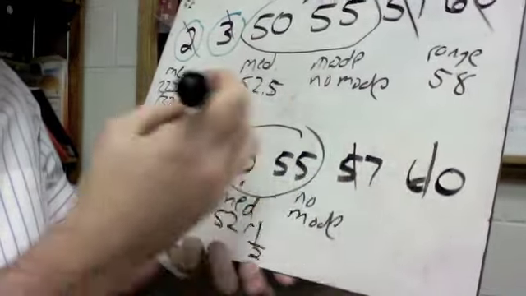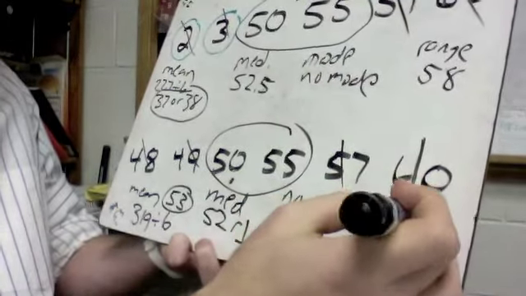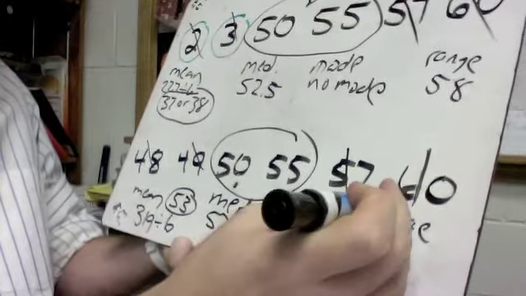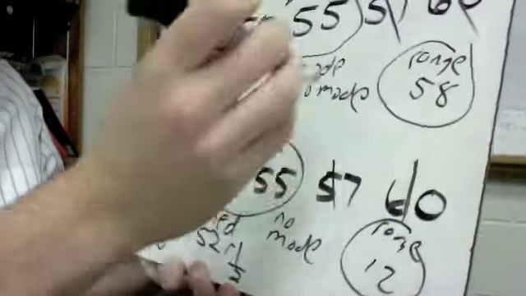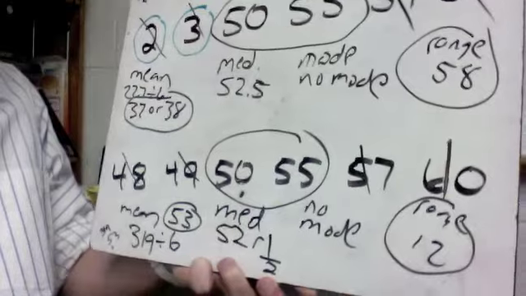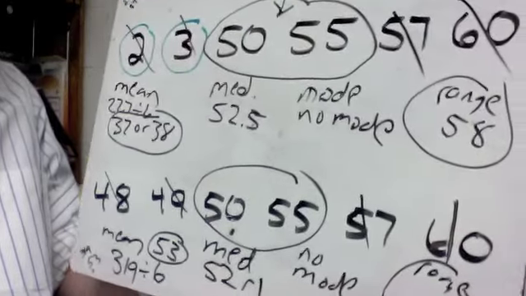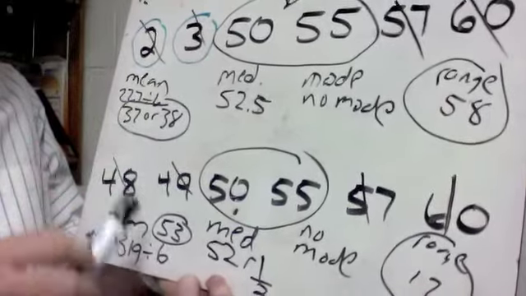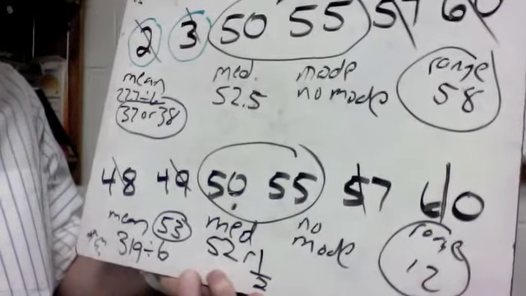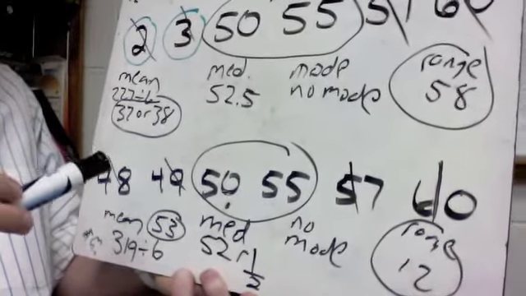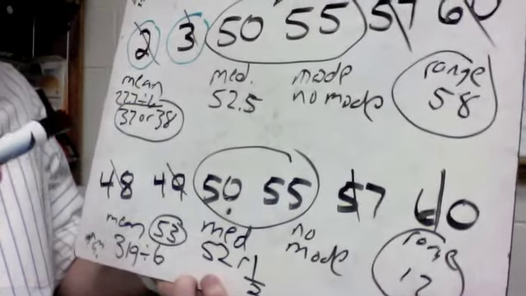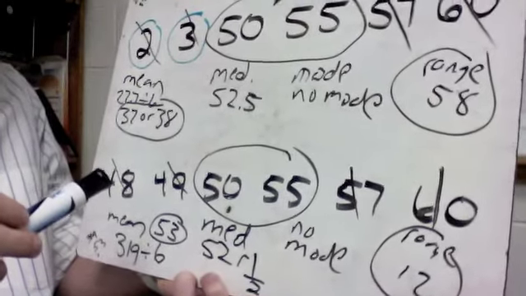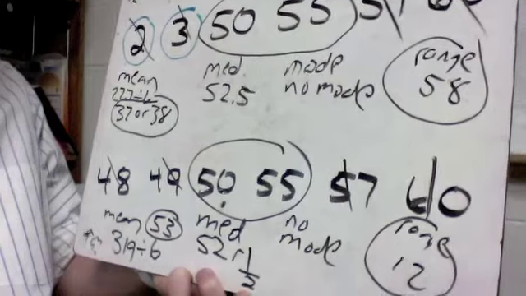Here I have 60 minus 48, so the range is going to be 12. That is the other big affected set of numbers with those outliers. The range is highly affected. The mean is highly affected. So just keep that in mind when you're thinking about these kind of problems and looking at the numbers. The outliers affect the mean and the range the most.